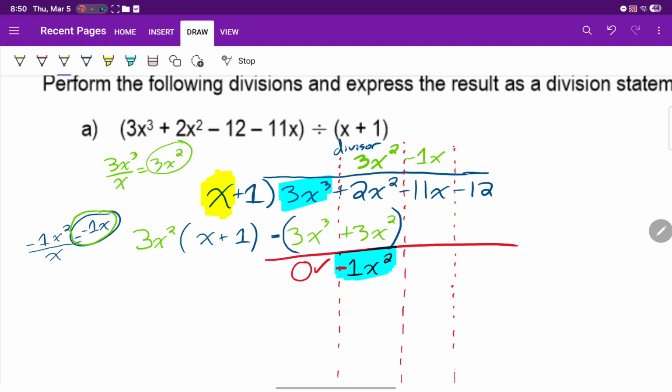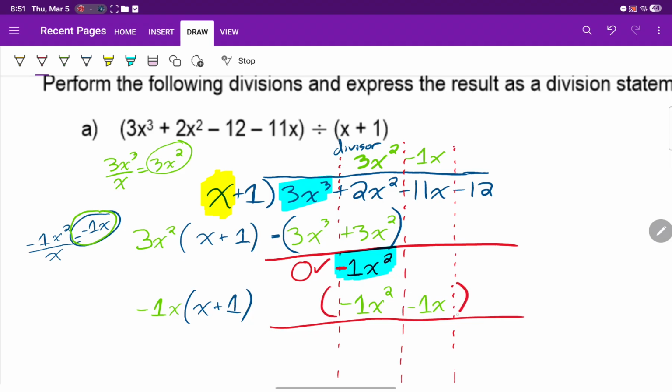Notice also that we're running out of columns. Every time you put a number at the top, your next step is always to multiply it. Negative 1x, and we multiply it by my original divisor, x plus 1. When I do that, I get negative 1x squared, and I get negative 1x. Fantastic. Let's do our subtraction.